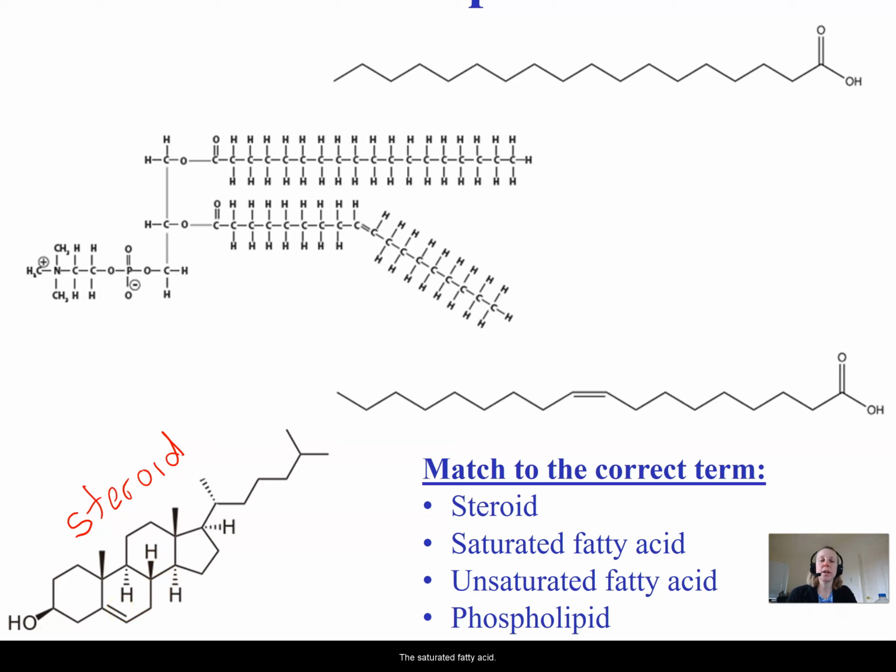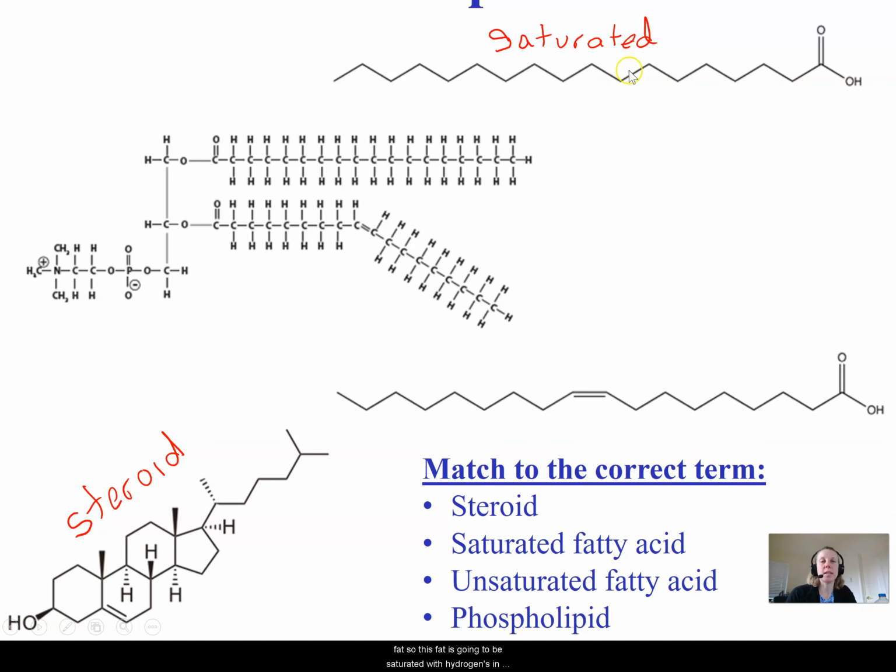All right, the saturated fatty acid is going to be this fatty acid up here at the top. Saturated fatty acids have single carbon bonds throughout their entire fatty acid chain. There are no double bonds in a saturated fat.